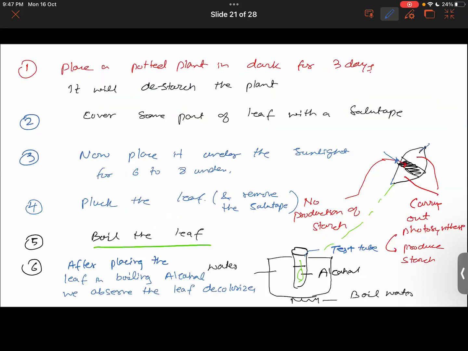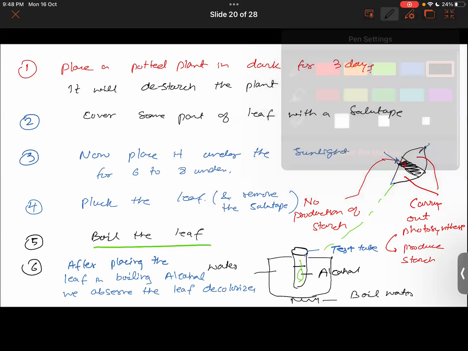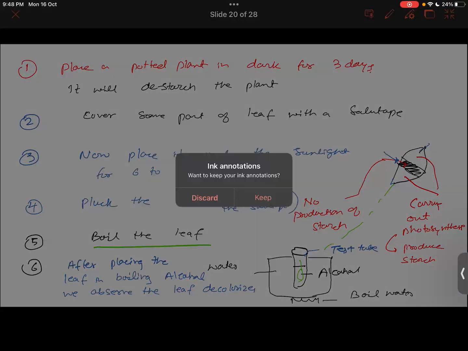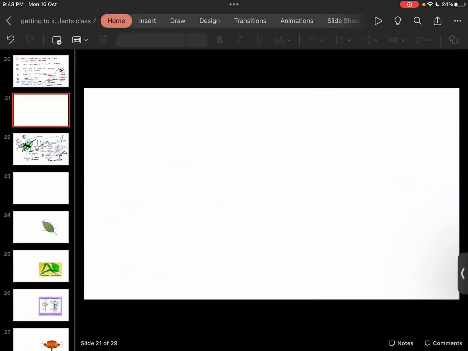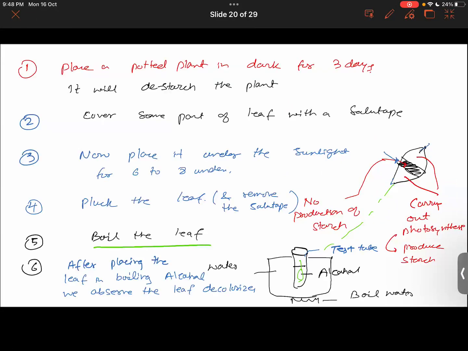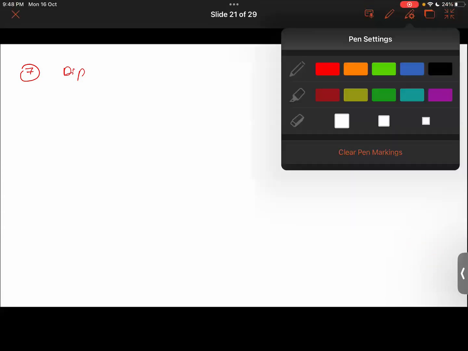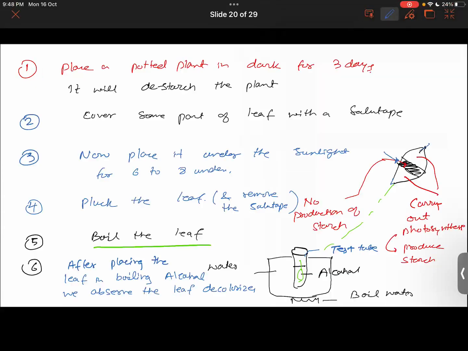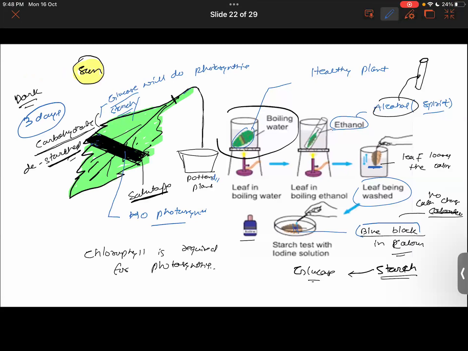Now comes the seventh step. There's one more step. After this, what will we be doing? We will now dip, in the seventh step, this decolorized leaf in iodine solution. We have taken an iodine solution here.